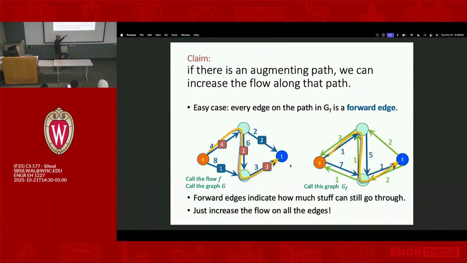The reason is these blue edges keep track of how much stuff I can still send. The capacity that's left over on these edges is tracked by the blue edges. So if I find a path that's all blue edges, then that's great, I can send stuff on the blue edges. Does that make sense? So the first step is, if I find only blue edge paths, then I'm very happy. Questions?